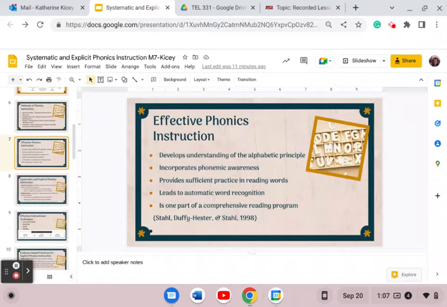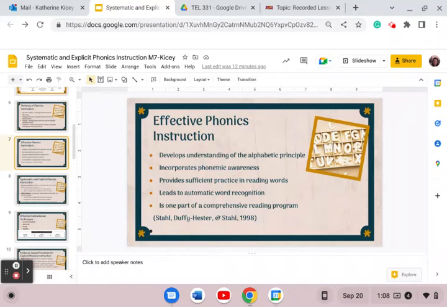It provides sufficient practice in reading words. So there's lots and lots of practice in the I do, we do, you do model, and also in small groups, and providing lots of time to hear it being modeled and then practice. And this leads to automatic word recognition. And this is one part of a comprehensive reading program.